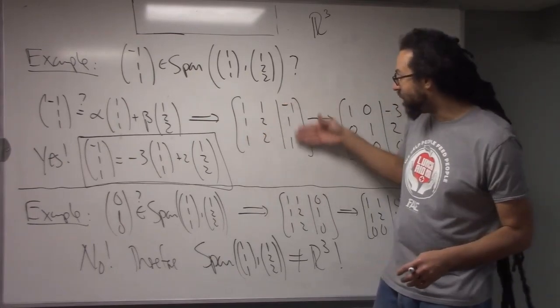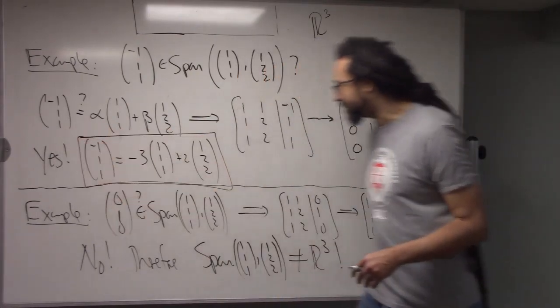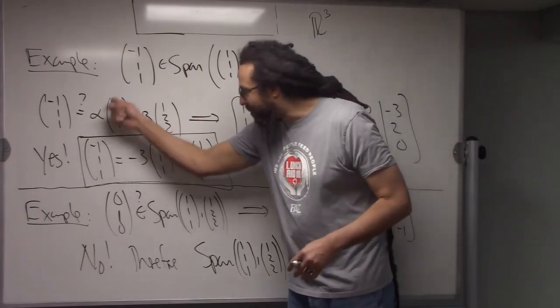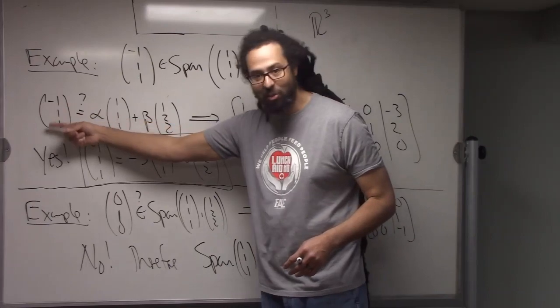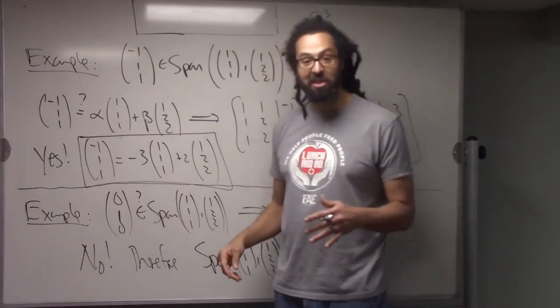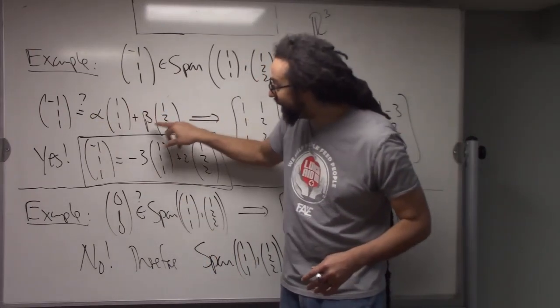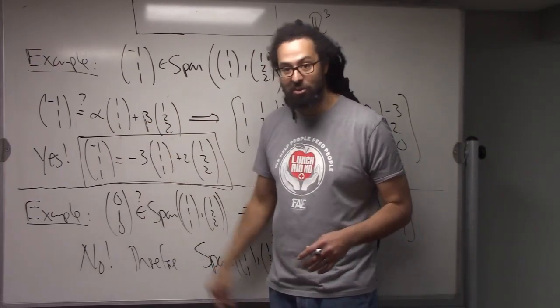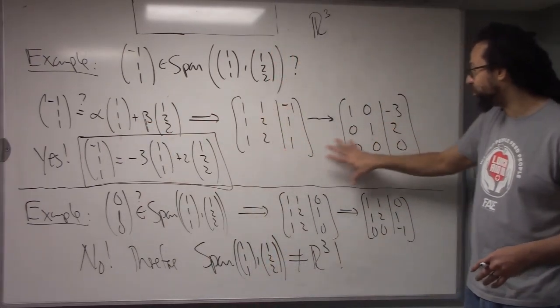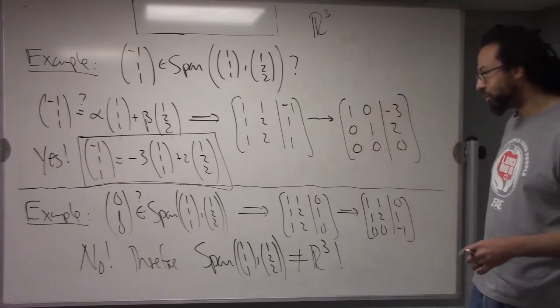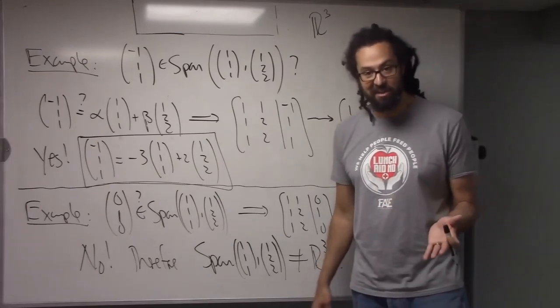And then here's the augmented column, right? So if you multiply this by alpha, multiply this by beta, add them up, set them equal to this thing, you'll get a system of equations. You'll get 3 equations and 2 unknowns. So now you want to take this and put it in reduced row echelon form, basically solve the system.